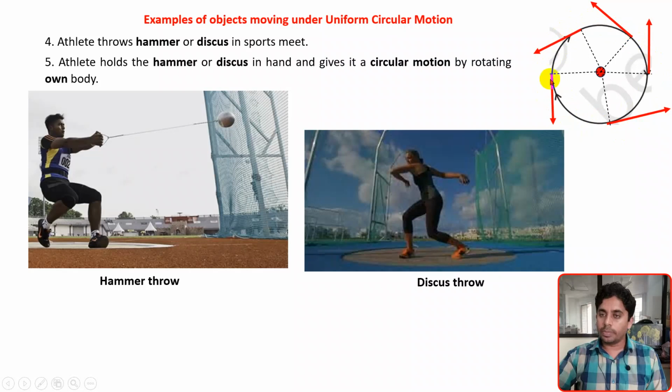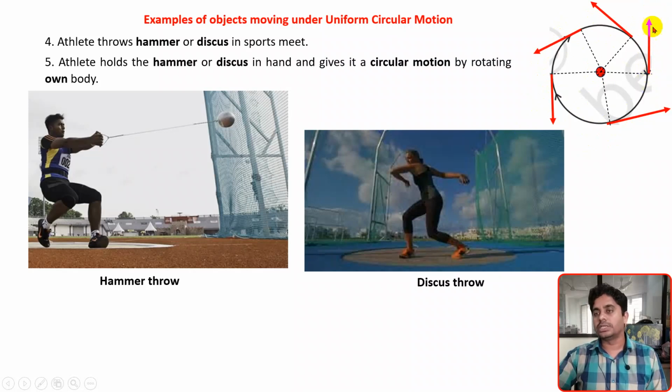Whatever circular orbit they have made while rotating about themselves, they are rotating about their own body. Suppose we consider a vertical axis, so about that vertical axis they will rotate that object. Like this here I have shown, they will rotate it, and at one particular position they will release it, and then tangential to this circular orbit, that object will move in a straight path.